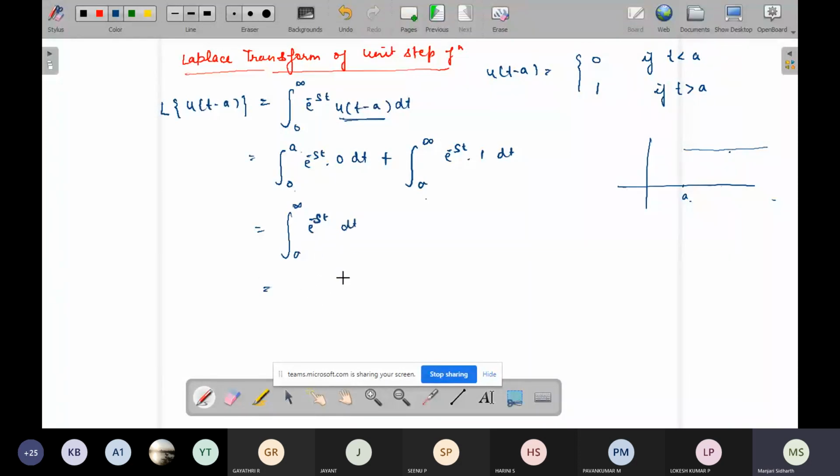So e power minus st divided by minus s. Okay. Now limits a to infinity.